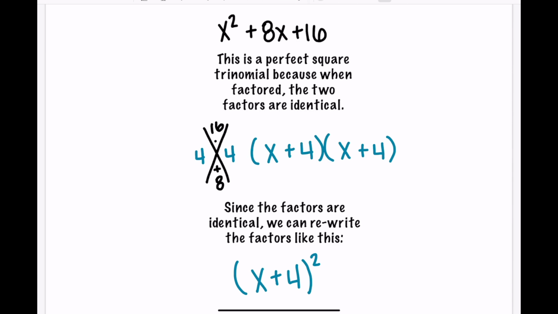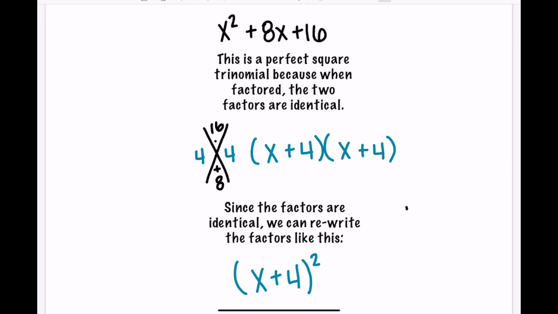Now we can do that because anytime you have something times itself, for example, if we have x times x, we can write that as x squared. The same thing would occur if we had something like x squared times x squared. That is x squared squared. Anytime you have something times itself, you can write it as that value squared.